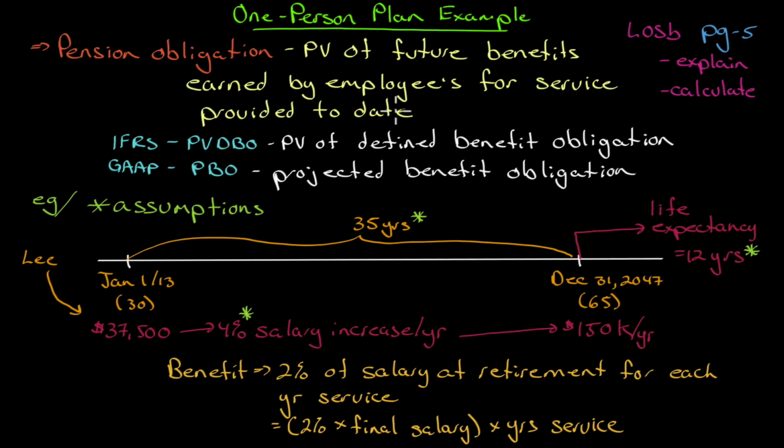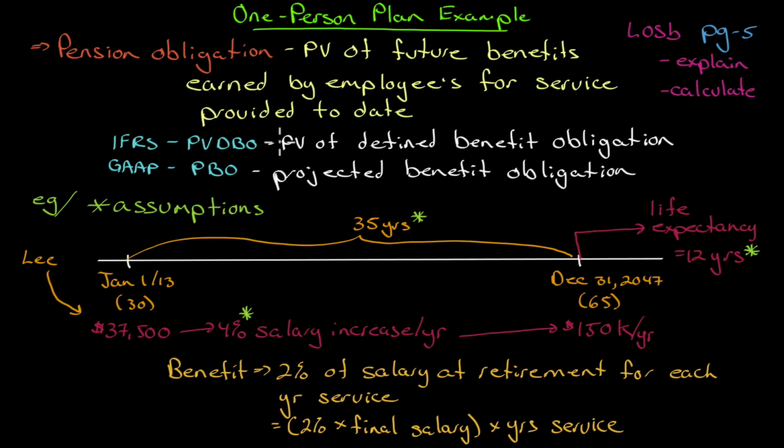Maybe you'll have to pay for 12 or 13 years, depending on how long the employee lives. But it'll have a present value today. That's the obligation today. IFRS calls it the PVDBO, the present value of the defined benefit obligation. GAAP refers to it as a PBO, a projected benefit obligation. And from here on in, we're just going to call it a pension obligation.